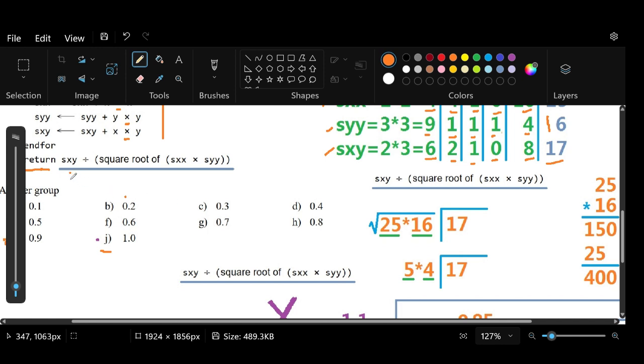Now it says here that we have to do this SXY, which is this one, divided by the square root of SXX multiplied by SYY.